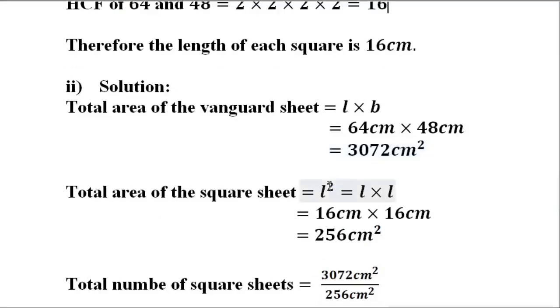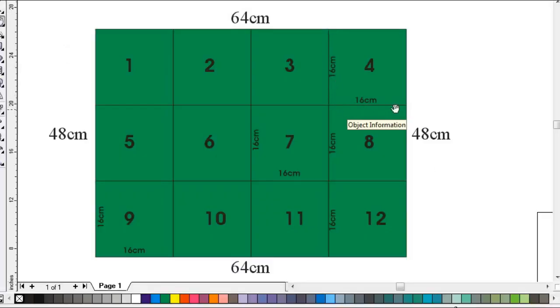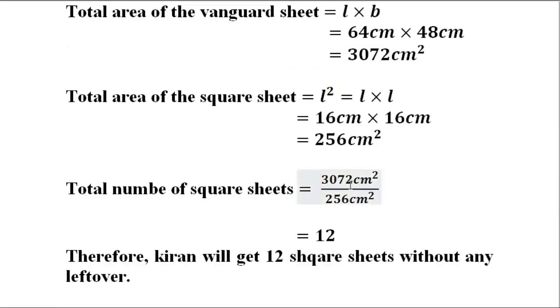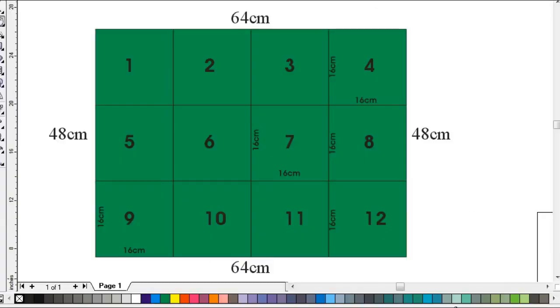The total area of the square can be calculated by taking the product of its two sides, that is 16 cm multiplied by 16 cm, which is equal to 256 square centimeter. Now dividing 3072 by 256 results in 12. Therefore, Kiran will get 12 square sheets without any leftovers.